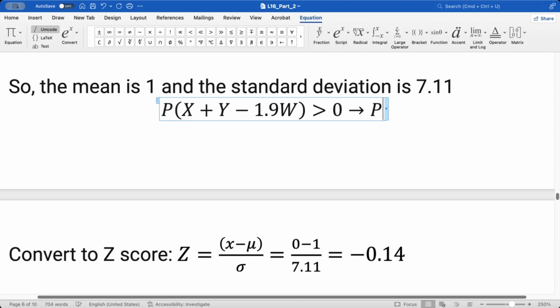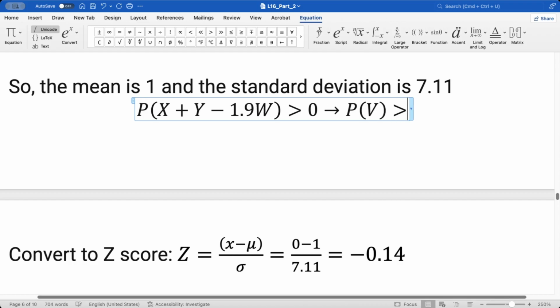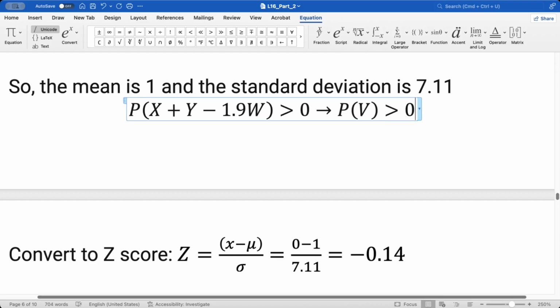So if I can use a new letter here, let's just call this v. We want the probability that v is greater than 0. So again, the 0 is what we have to convert over. We're going to plug that into the z-score formula.